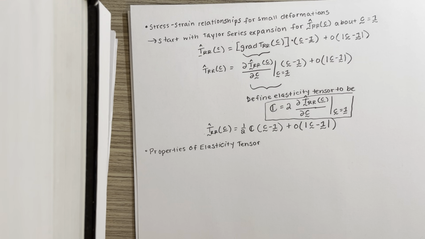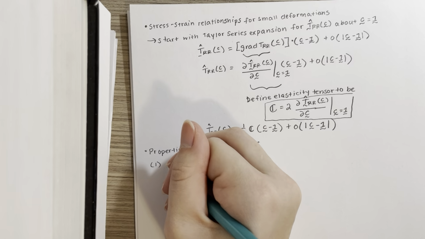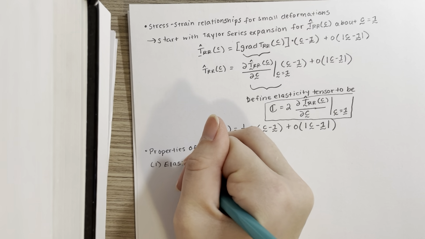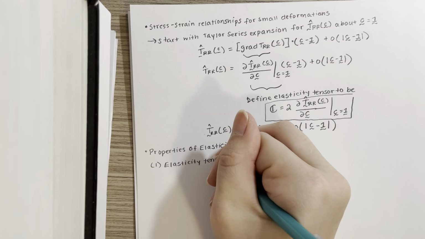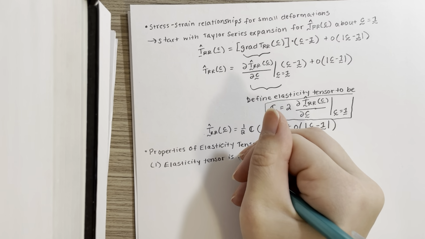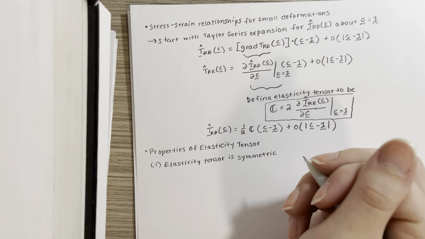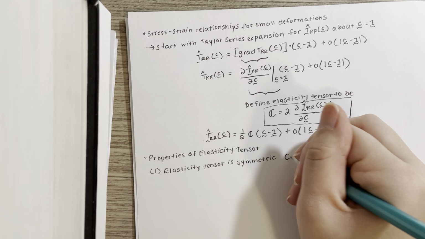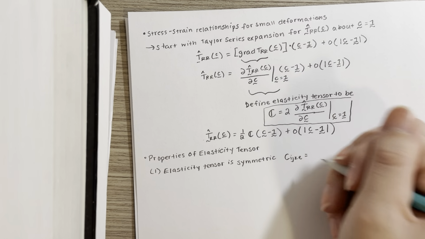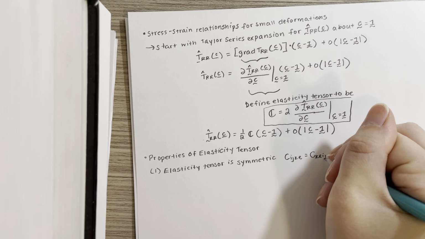All right, so first we have that our elasticity tensor is symmetric. And in addition, our elasticity tensor is a 4th order tensor, so for it to be symmetric means that C_ijkl is equal to C_klij.